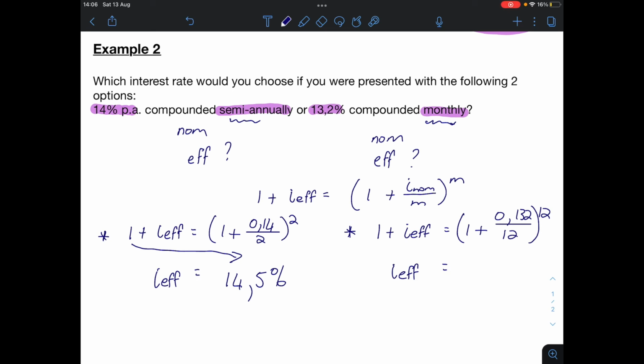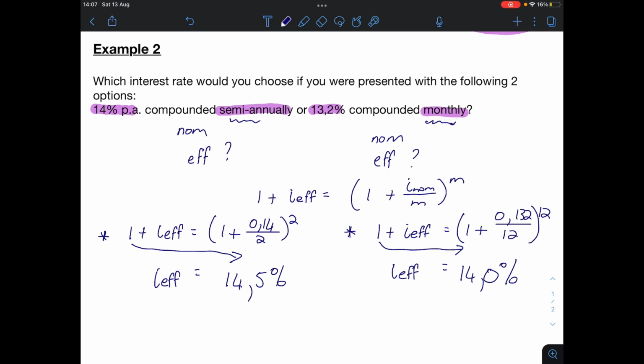You do it on your calculator as well and see if you agree with me. And then we close brackets, and that's to the power 12. And we get here, don't forget, you must also minus the 1. That's what people often forget to do. Here I get 14.02, so that's 14.0 rounded off to 1 decimal place.